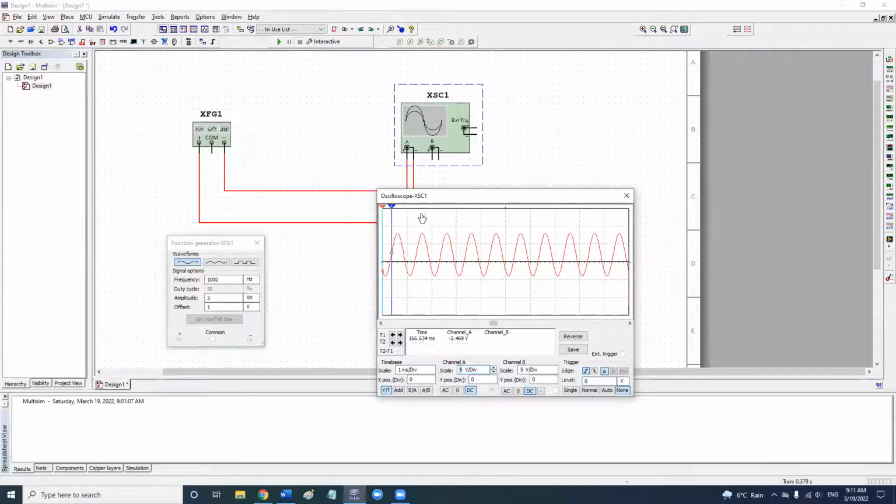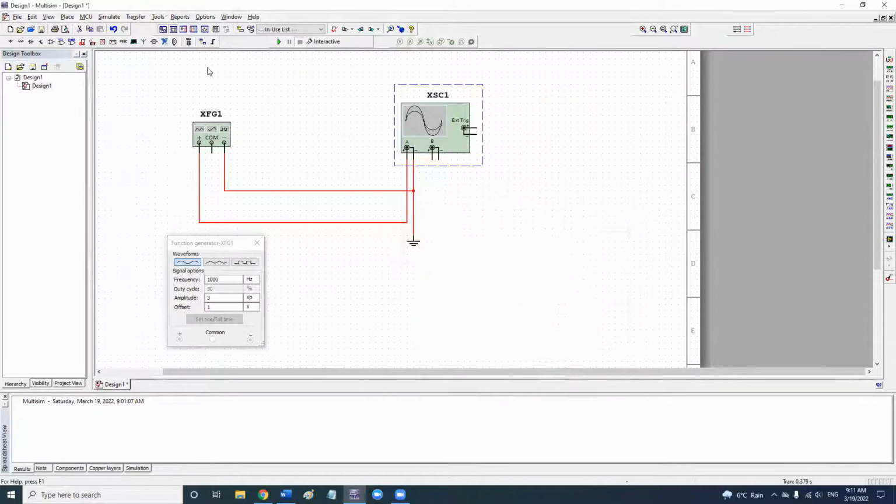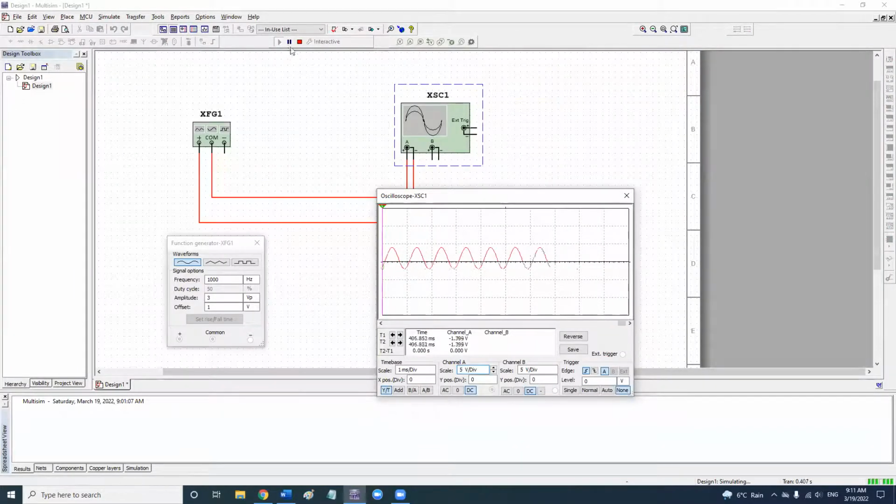Let me just reduce it again. You can see a very similar result, right? Everything shifts, right? If I connect to this one, it's the same. It's just the scale I'm using is a little bit different, but everything still shifts to that point. Can you guys see it?